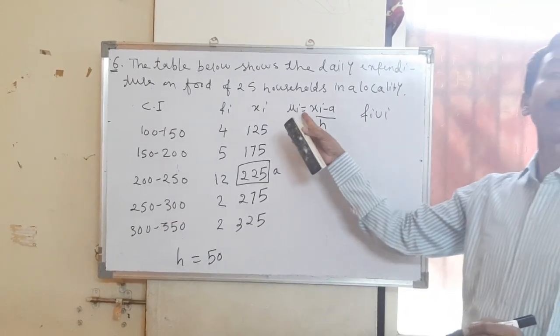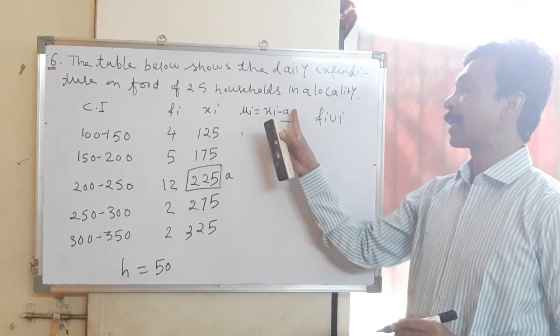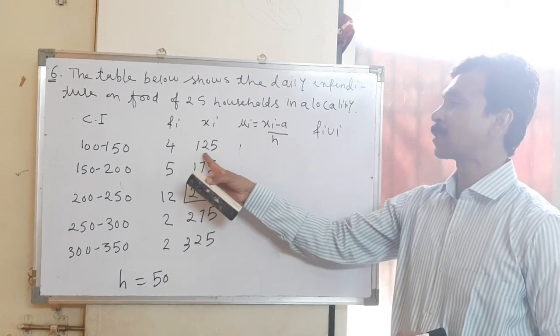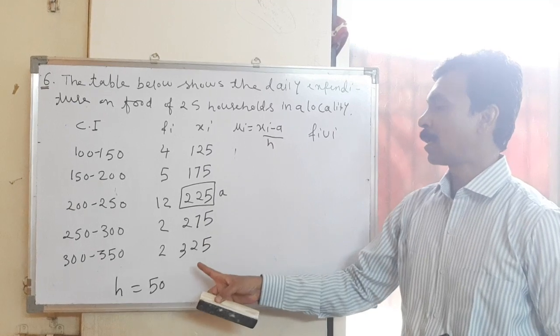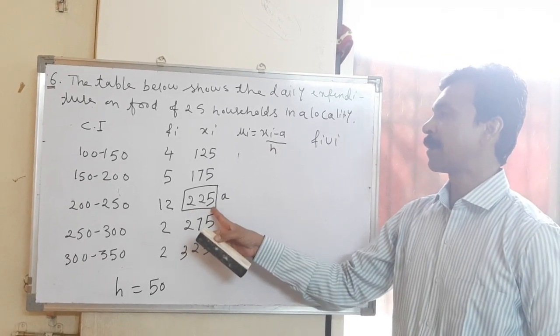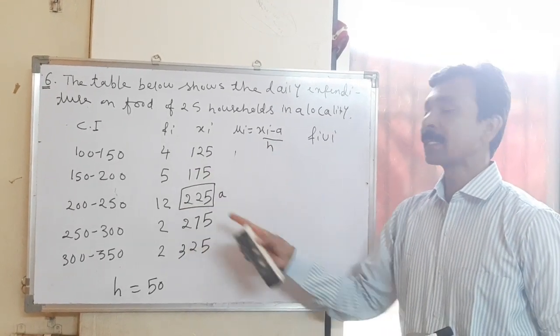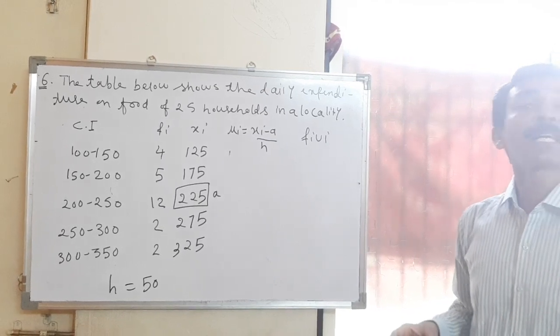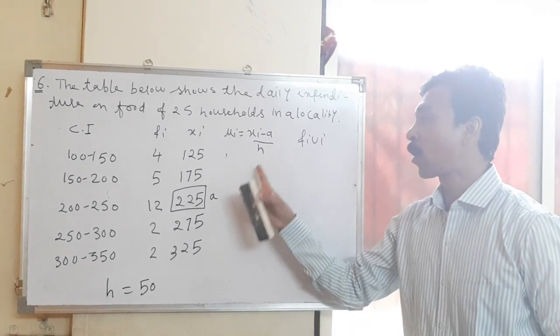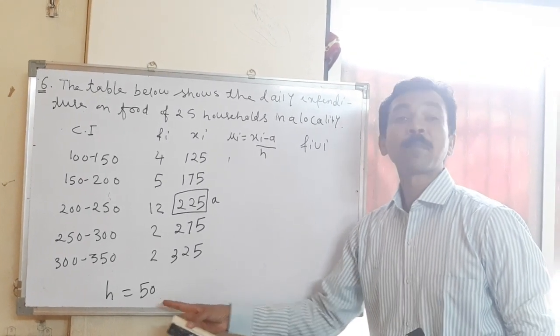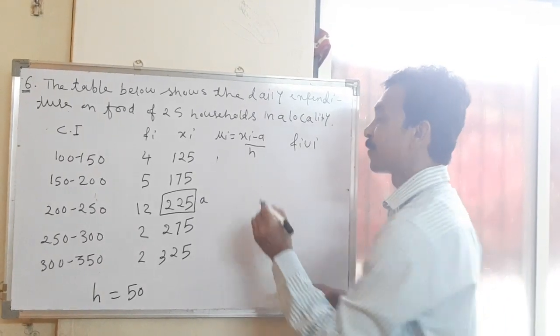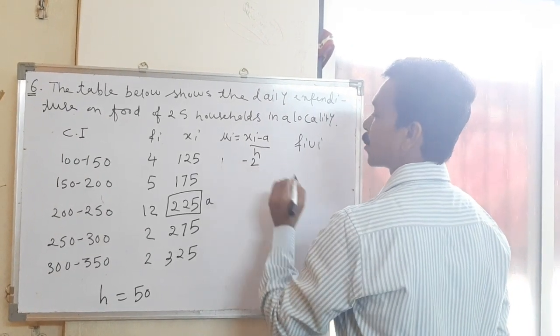So we'll find first ui. ui is equal to xi minus a upon h. First xi is 125 minus assumed mean 225. 125 minus 225 is minus 100 upon height, height is 50. Minus 100 upon 50 is minus 2.